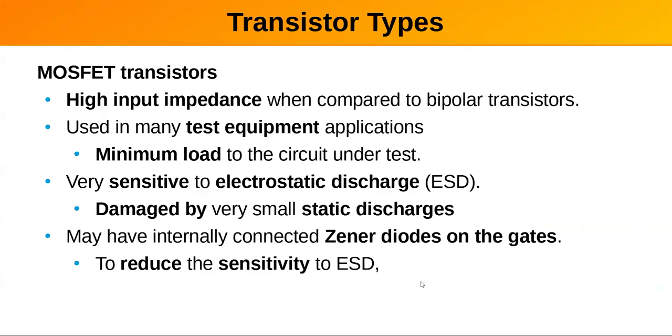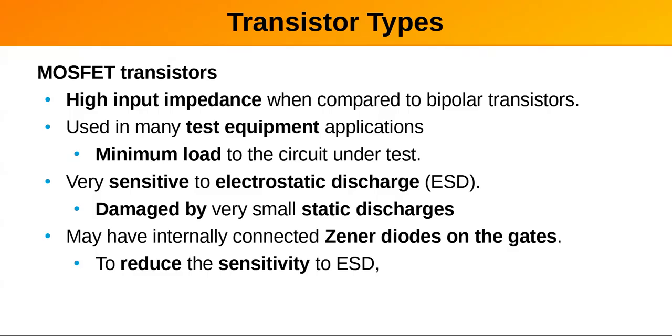One thing MOSFET transistors have is a very high input impedance, and I think it's partly due to that insulating layer. A bipolar transistor is very low in input impedance because it's a current input.